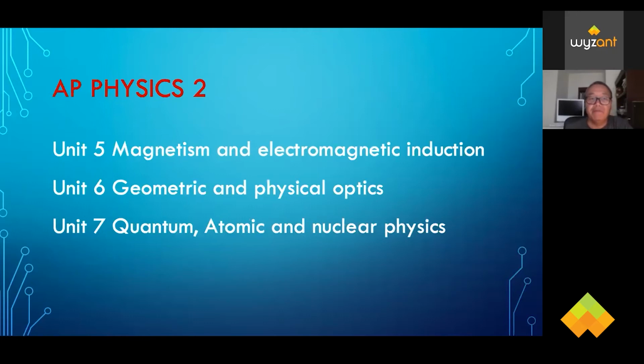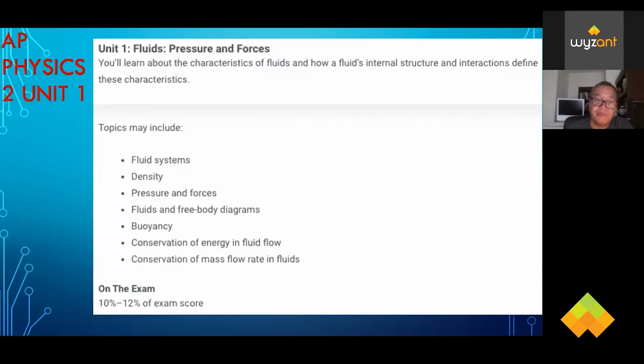Then Unit 5, that's magnetism and electromagnetic induction. Unit 6, that's geometric and physical optics. Unit 7, that's quantum, atomic, and nuclear physics. Okay, so this is the content that will appear in the AP Physics 2 exam.